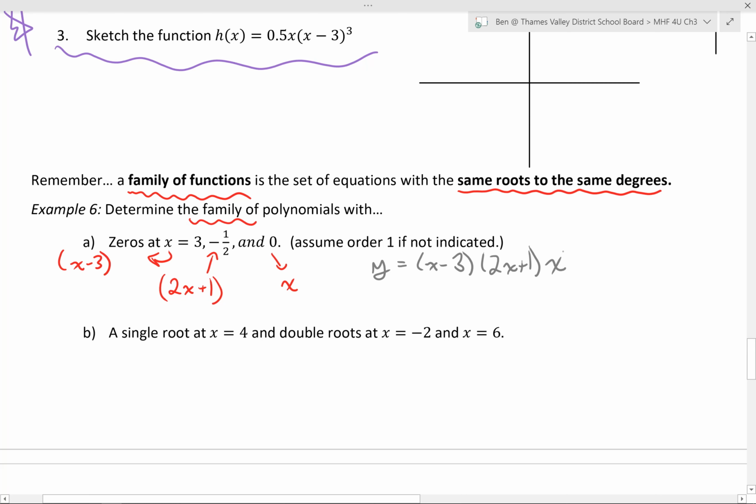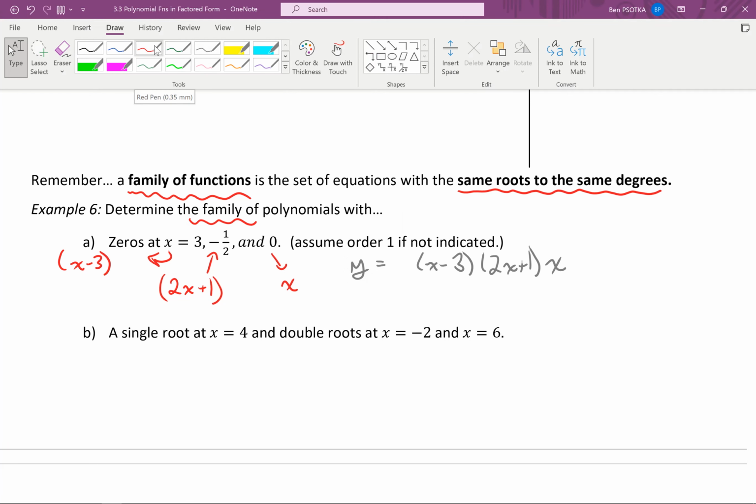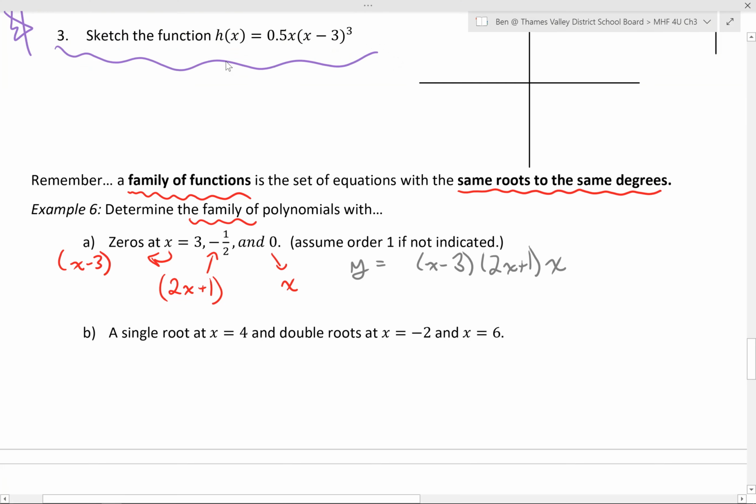It's a good try, but you would miss out on some marks here, because we need to show that we understand a family of functions is not just one function. A family of functions is all of the functions that match this criteria. So if we want to list all of the functions, we need a variable in there.